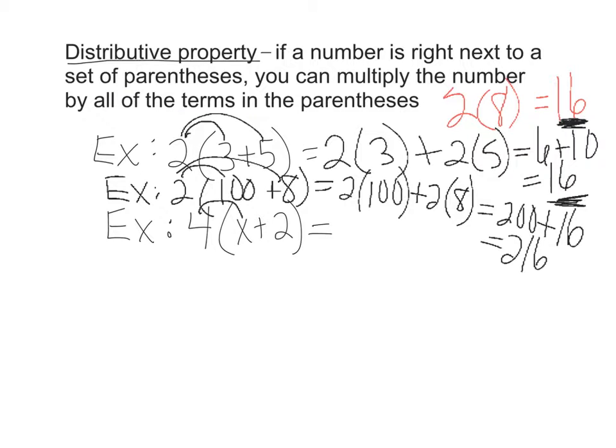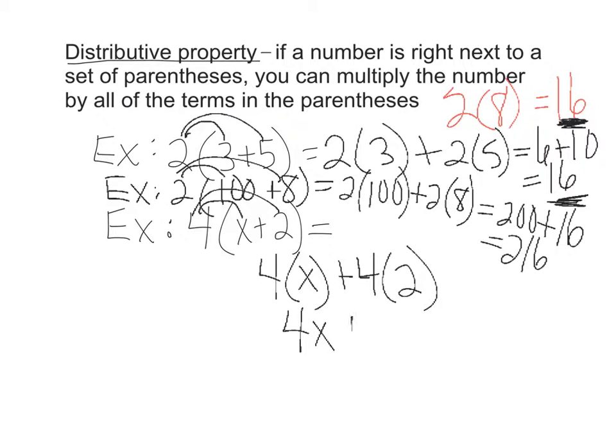So in this case we would do 4 times x plus 4 times 2. So 4 times x would be 4x, and then 4 times 2 is 8. Notice we're doing these because multiplication always comes before addition with the order of operations.